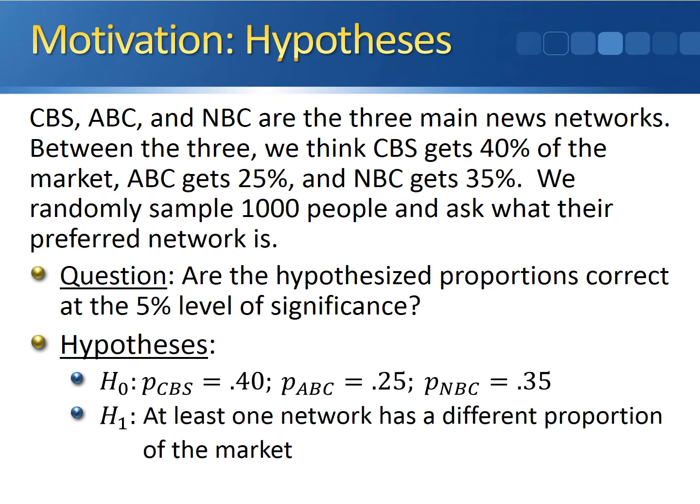The alternative hypothesis is that at least one network has a different proportion of the market. We won't necessarily know which one is different. We won't necessarily know how many of them are different. The alternative hypothesis is just like the alternative from the ANOVA. At least one network has a different proportion of the market.